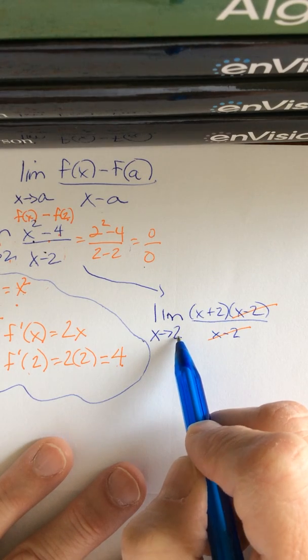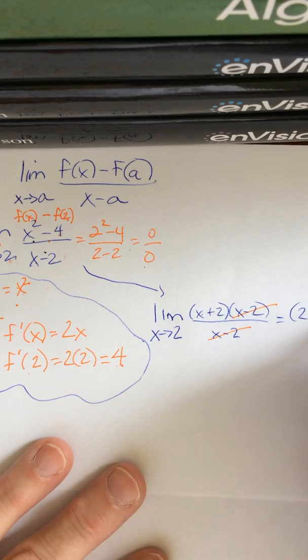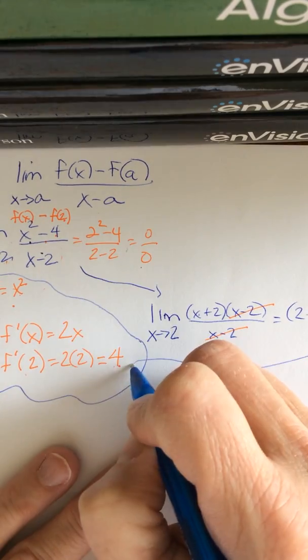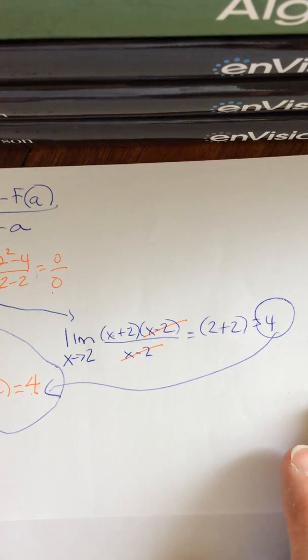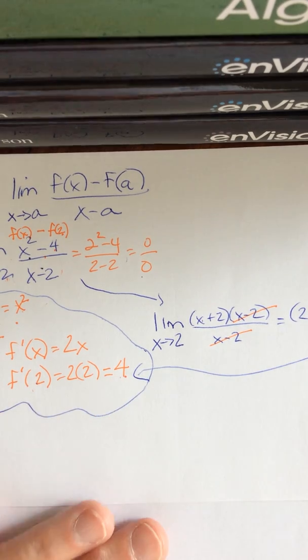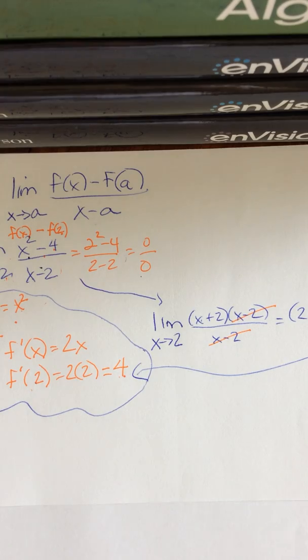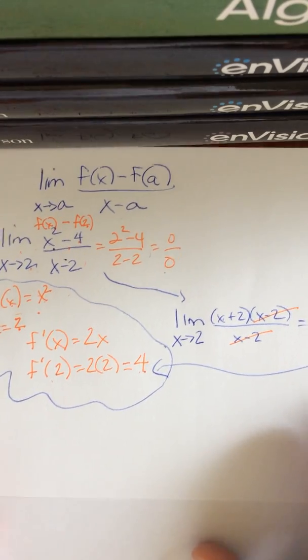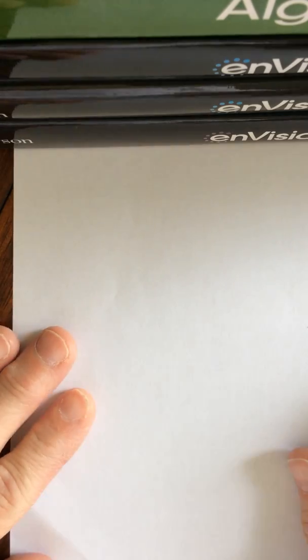And now I can substitute 2 in for x. And what's 2 plus 2? It is 4, which is the same thing. There's my 4. And there's the derivative evaluated at 2, which gave us 4 also. So there are two approaches, but this definition of a derivative is useful, especially when the do more work is not obvious.